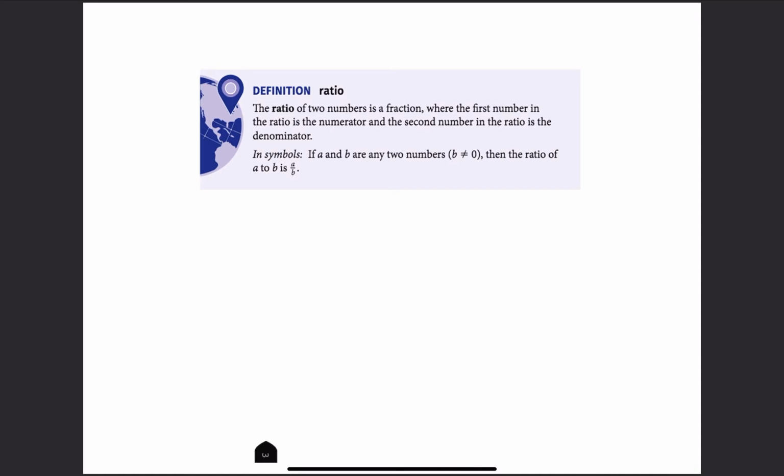So let's say you've got a recipe. The recipe calls for 1 cup of flour and 2 cups of milk. Let's just suppose here.